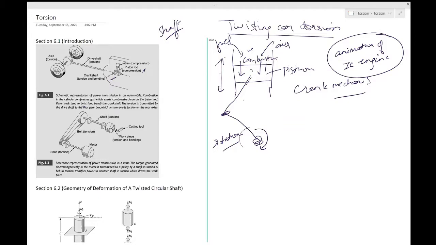The eventual outcome is that the linear motion of this piston gets converted into this rotary motion over here. Of course there is bending because you also have a force applied like this, but overall we want to focus on torsion only. Then this is connected to a drive shaft.